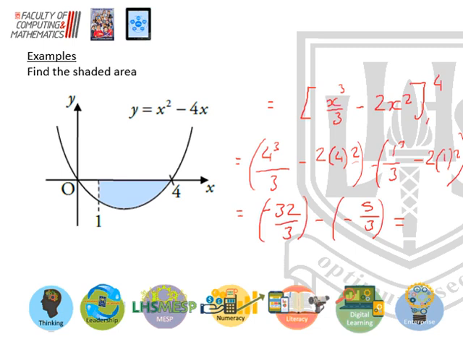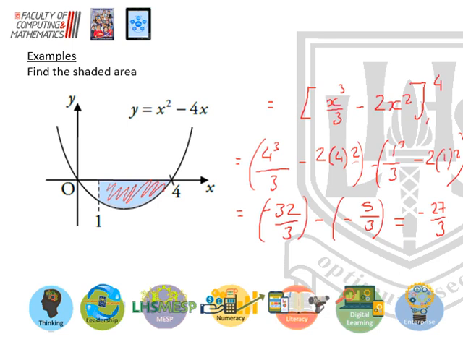When you complete that calculation, you can see it's going to be negative 27 over 3 units squared. So that's this area here. Now clearly it can't be negative 27 over 3 units squared because it's an area that exists. You can't have a negative area.